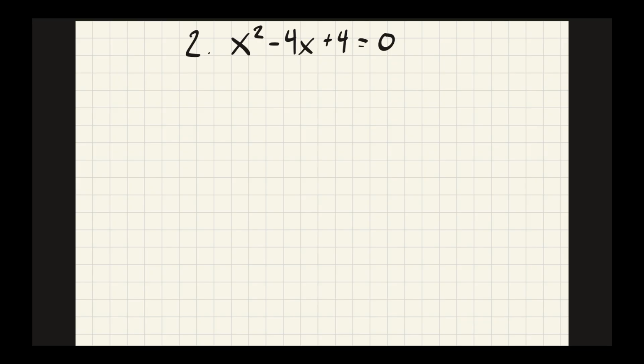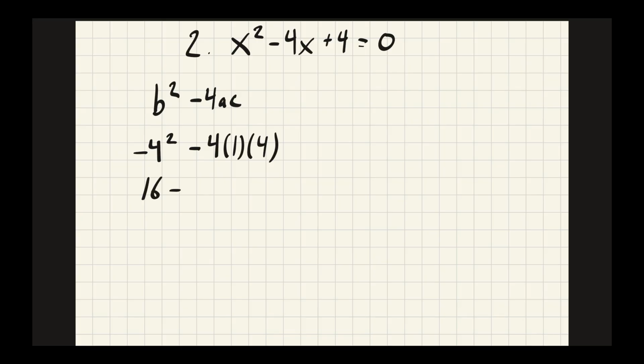Okay, example 2 is x squared minus 4x plus 4. We're going to find the discriminant, b squared minus 4ac. b is negative 4, and we're squaring that, minus 4 times 1 times 4. 4 squared is 16, and 4 times 4 is 16, so minus 16 equals 0.